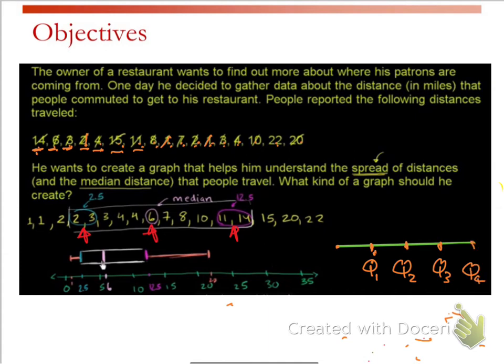Some people write it 1Q, 2Q, 3Q, and the fourth quartile, 4Q. We can use the first form, which is more usual. So first quartile, second quartile, third quartile, and the fourth. The second quartile is the median.